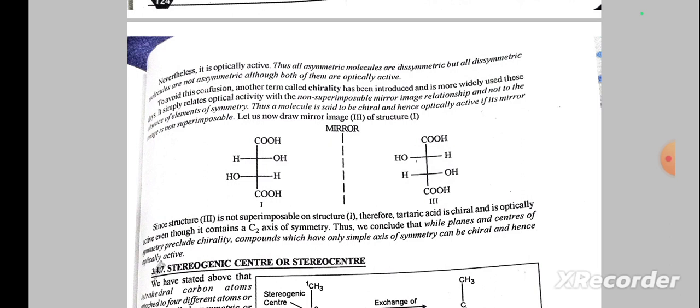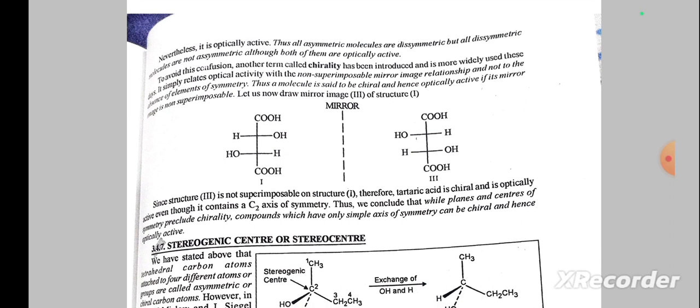It simply relates optical activity to the non-superimposable mirror image relationship and not to the absence of elements of symmetry. Thus, a molecule is said to be chiral, and hence optically active, if its mirror image is not superimposable.